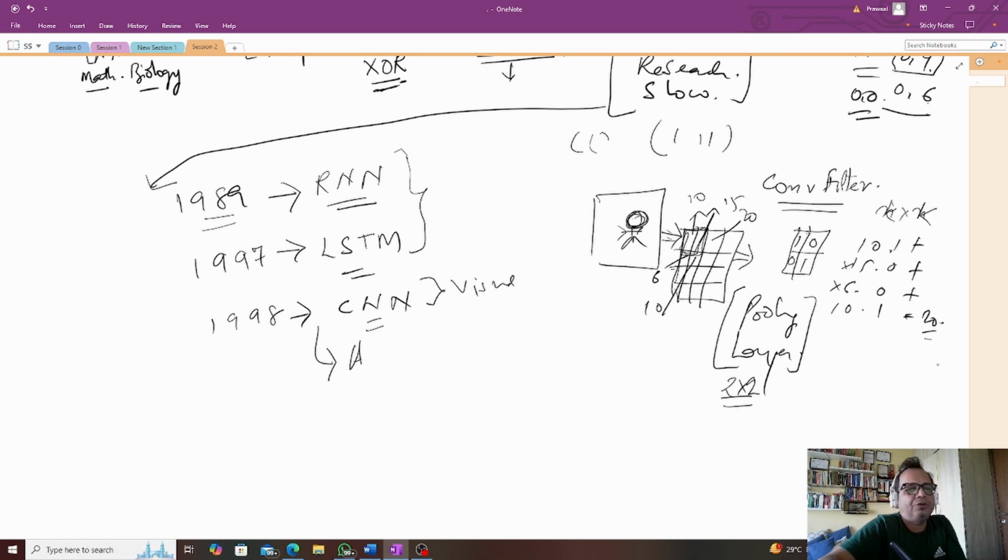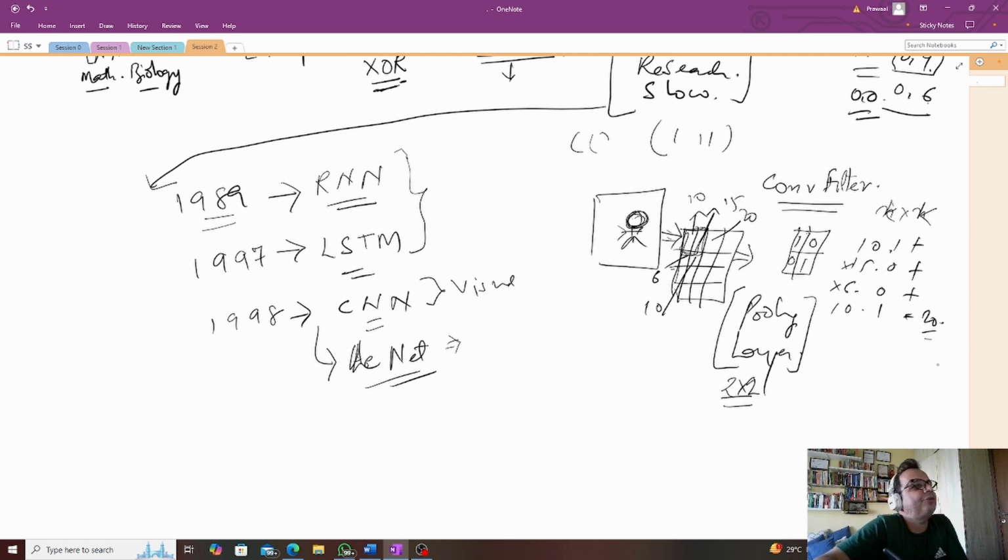There is something called LeNet, which came into existence around the same time, and it was one of the most accurate models to identify numerical digits written as images.